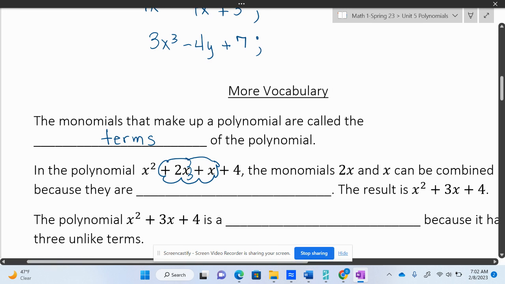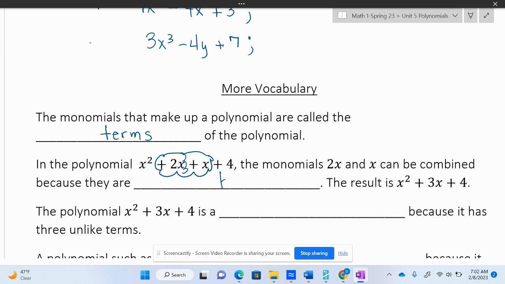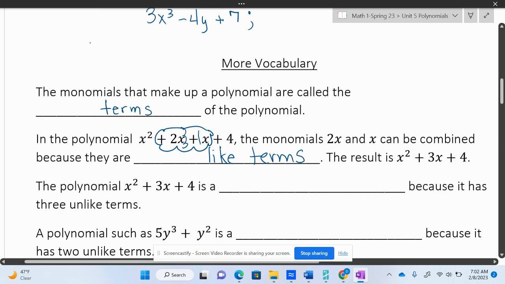These are the same type of terms. These are called like terms, so they can be combined. Why? Because they are like terms. They can be combined because they are like terms, okay? So when I take 2x and I add it to 1x, I get 3x.